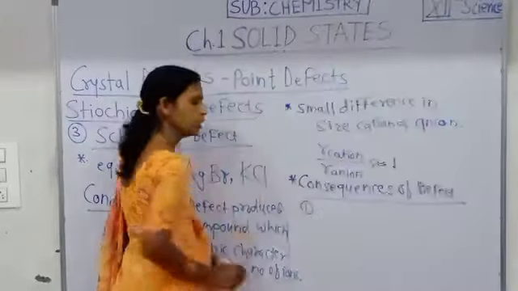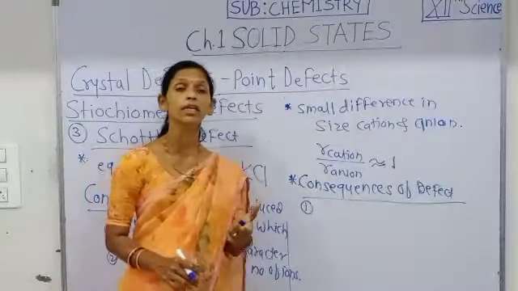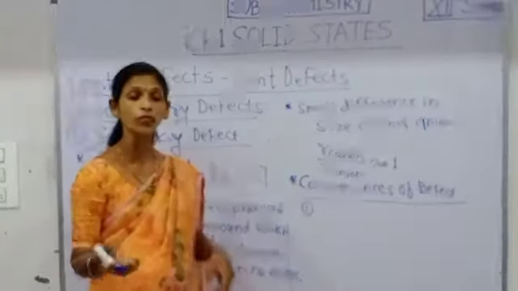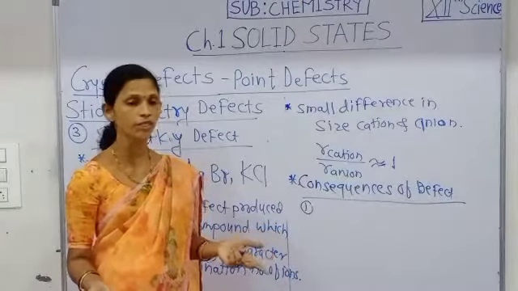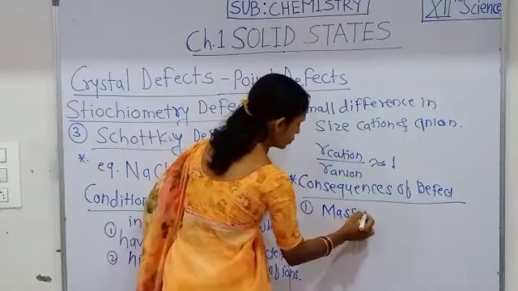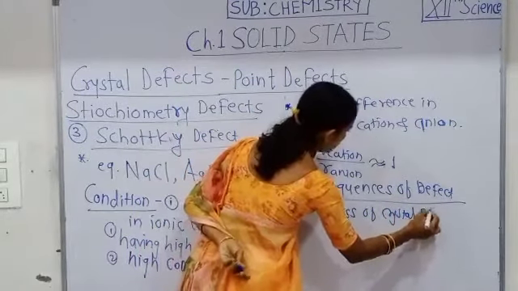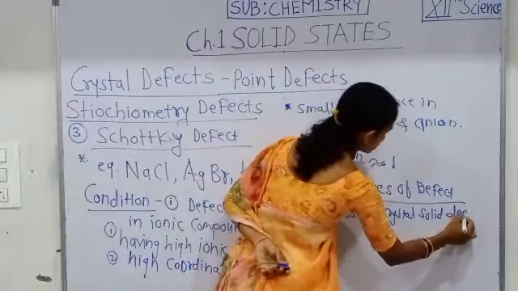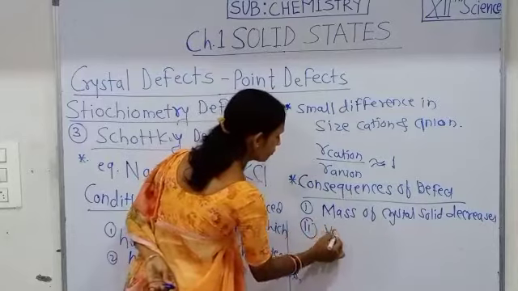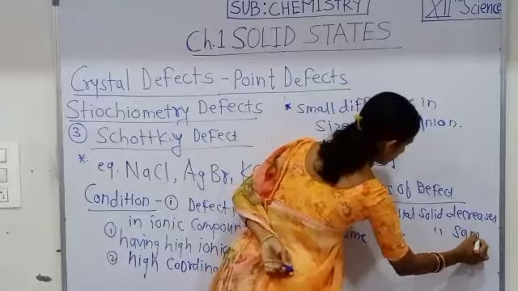First of all, in Schottky defect, an equal number of cations and anions are missing. Therefore the mass of the crystalline solid decreases and the volume of the crystalline substance remains the same.